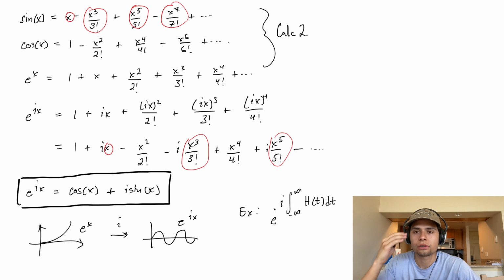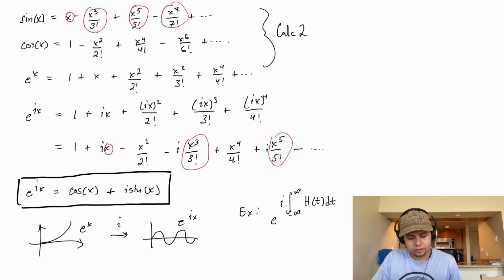So when we get interested in quantum field theory, and when I start that playlist, I'll allude to this kind of stuff, and I'll say this is a sinusoidal function because we have this i right here, and yeah, so that is the importance of i in quantum mechanics.